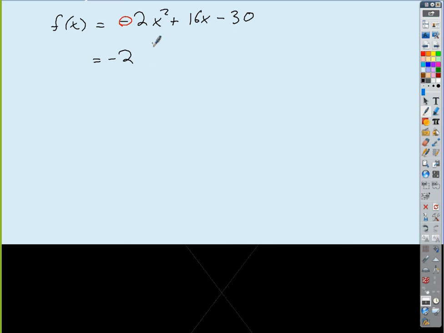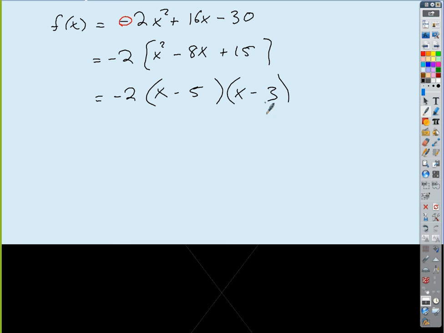What's left behind if I do that? x squared minus 8x plus 15. Can I break that apart? What goes there and there? x. And what two numbers multiply to positive 15 and add to negative 8? Negative 5 and negative 3.